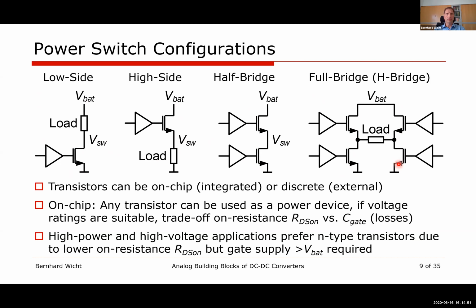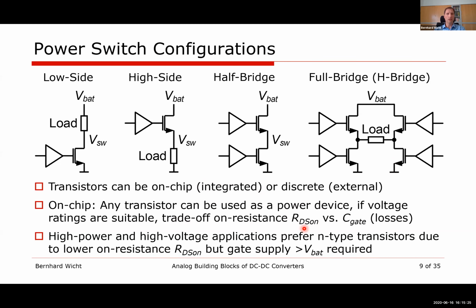For higher power, the transistors will be discrete components that are placed off chip. But if we need to deliver currents in the few amps range, we can still handle that as an integrated power stage. Of course, if we have high currents, we really need to aim for low on resistance values, which unfortunately comes along with higher W, high width of transistors.